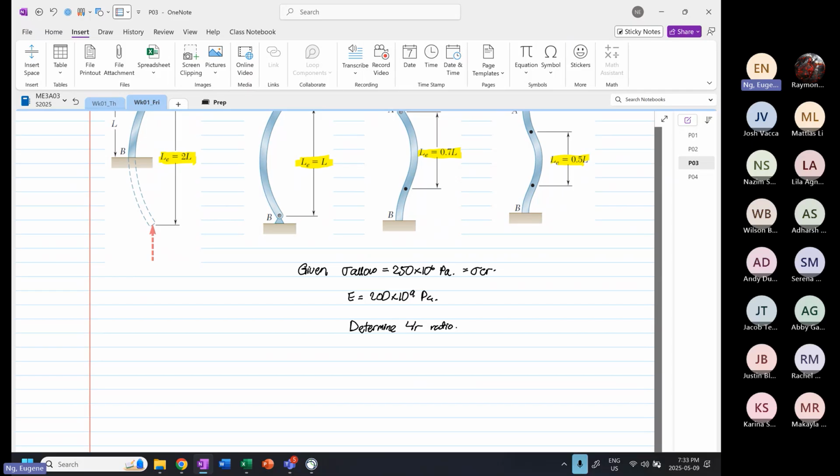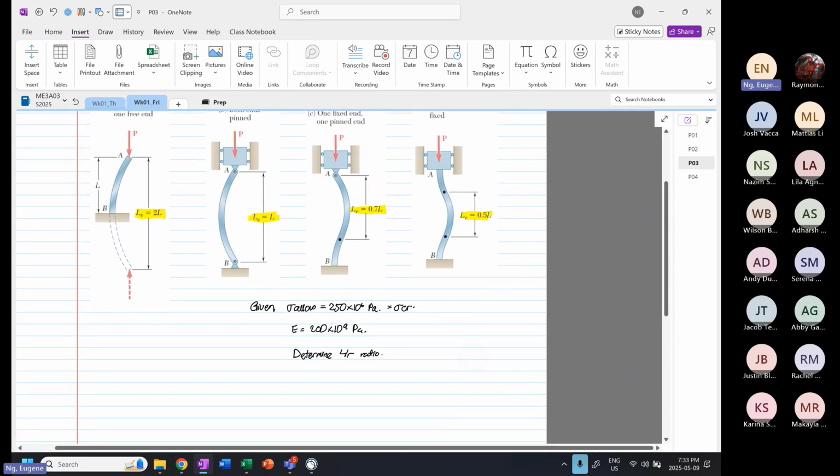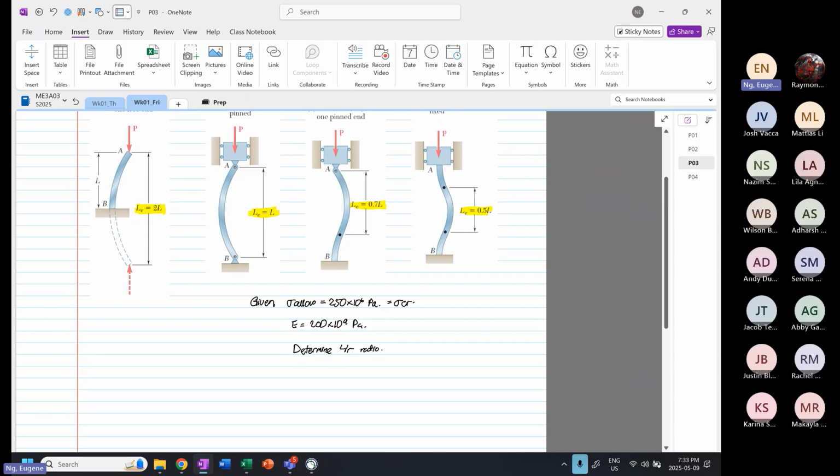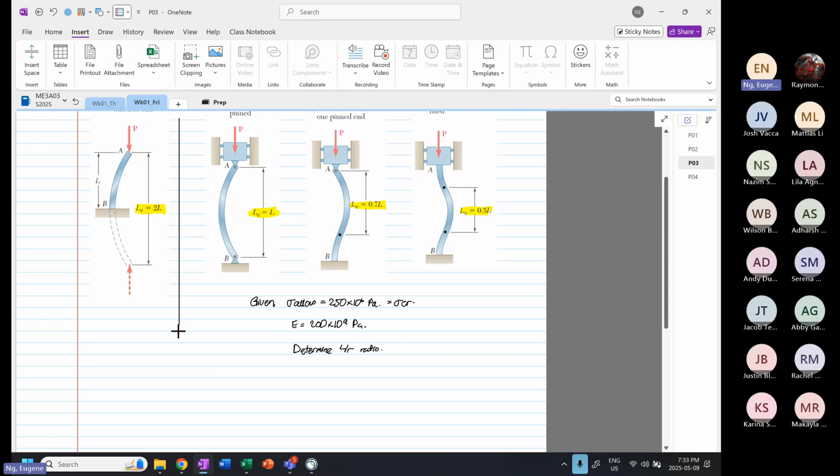Now if we look at the L over R ratio, I'm going to do the first one, for L equal to 1. I'm going to draw lines coming down so you will not be confused about which is for what.